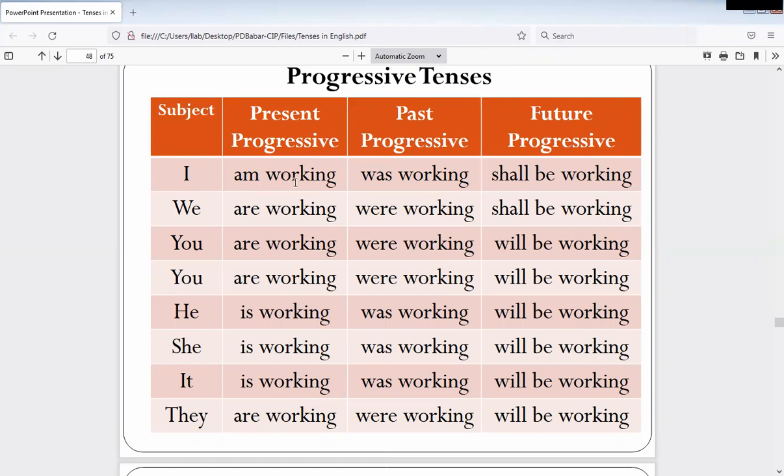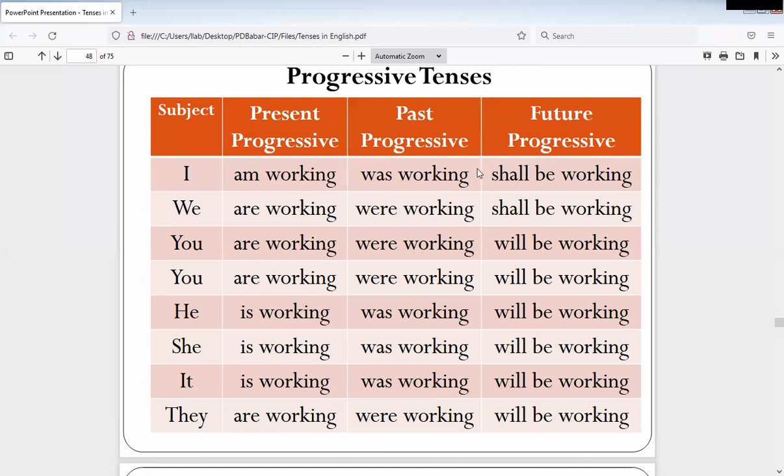This is the present progressive. Its past progressive is I was working, मी काम करत होतो. This is the past progressive, which is used for the continuous or ongoing action in the past tense. And for the future progressive, what will be its meaning?